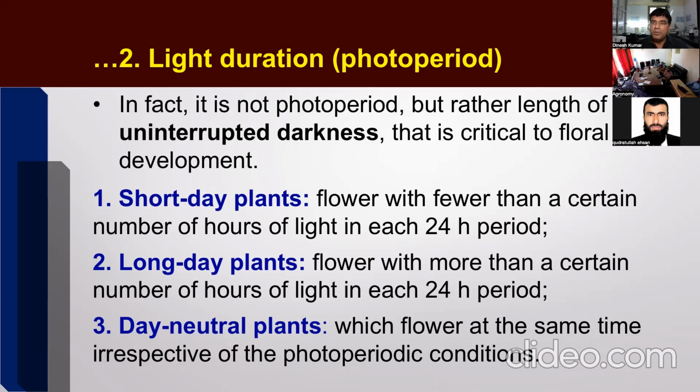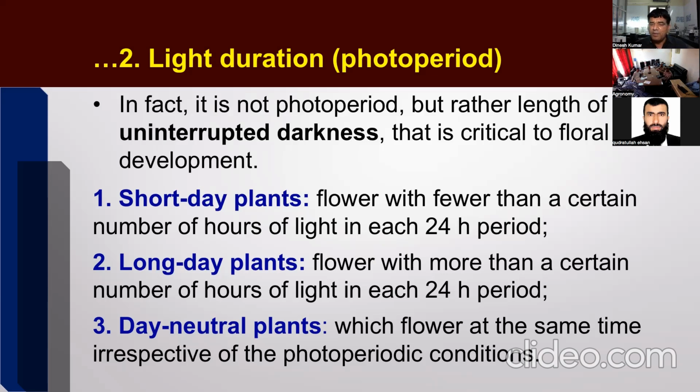Now, based upon the light duration, people have classified plants into 3 categories. Short day plants flower with fewer than a certain number of hours of light in each 24 hour period. Normally it may be less than 8 to 10 hours.